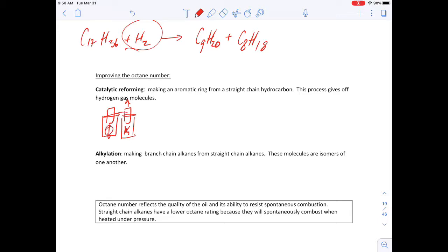And these two pistons are connected, and so if one goes up, the other goes down. So we want that explosion to be perfectly timed so that the one piston goes up, the other piston can go down. Well, if you have lower octane fuel, the explosion happens at lower pressure and lower temperature.